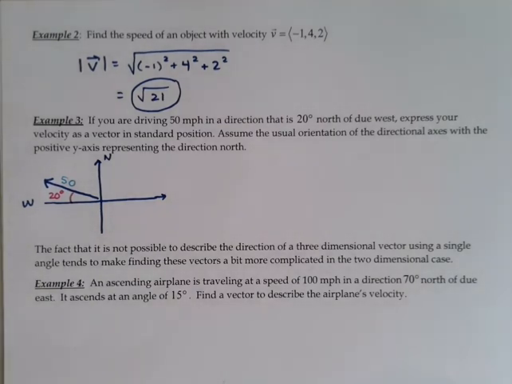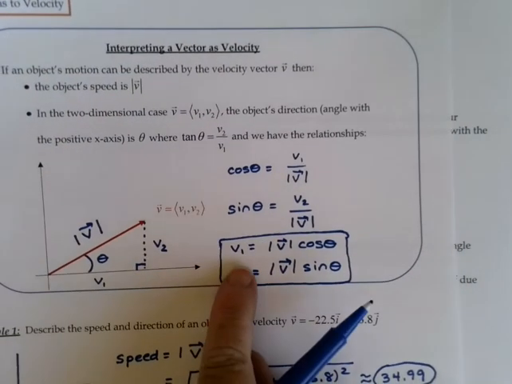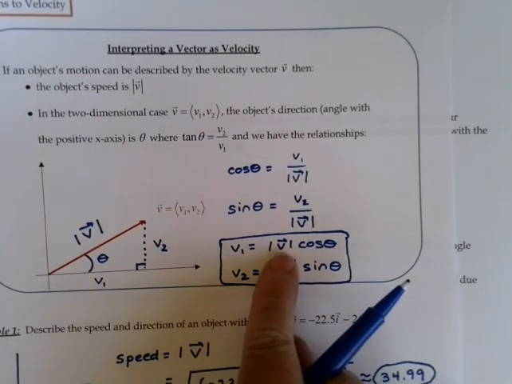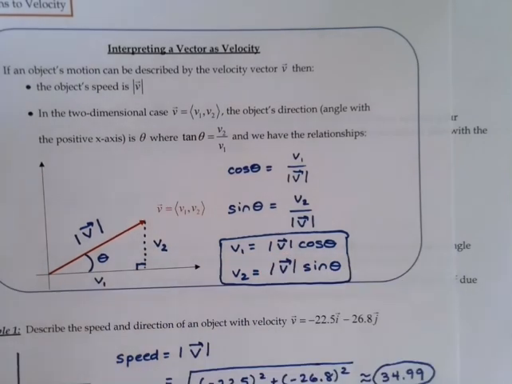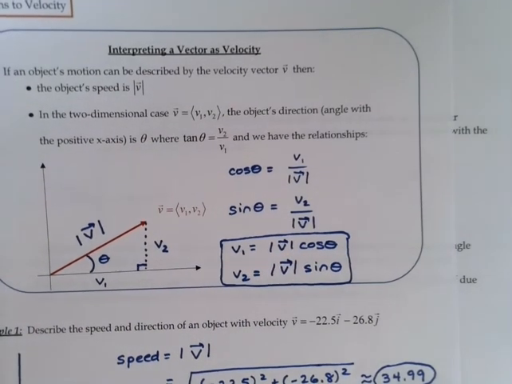So I'm going to go back to those two little equations that we derived from our triangle for V1 and V2. Magnitude of V times the cosine of theta, and then times the sine of theta.